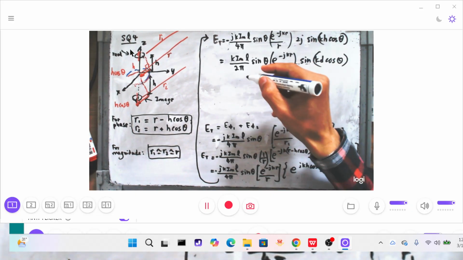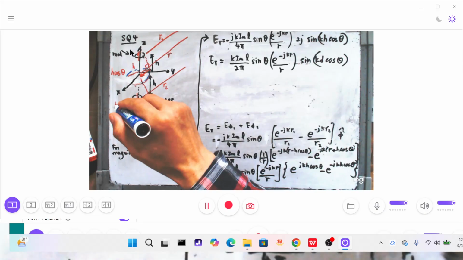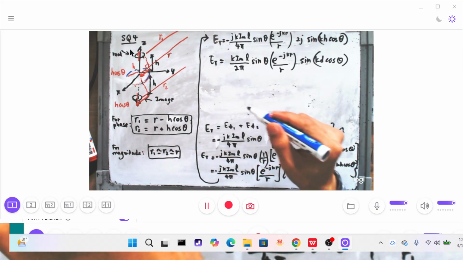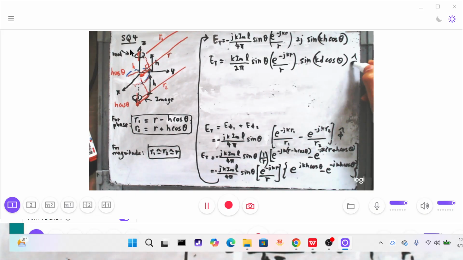So this is my solution. And this solution, in my understanding, by the way, we also need to make sure you don't get the angle wrong. It's a circular electric field.